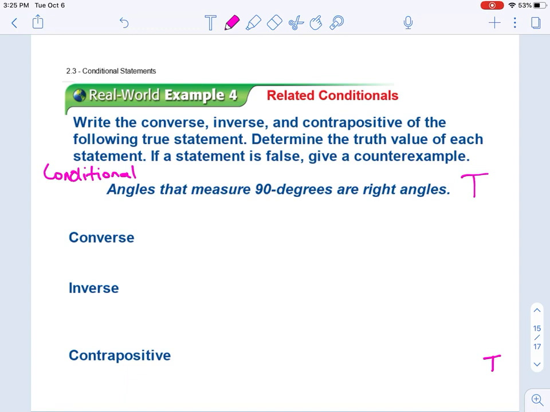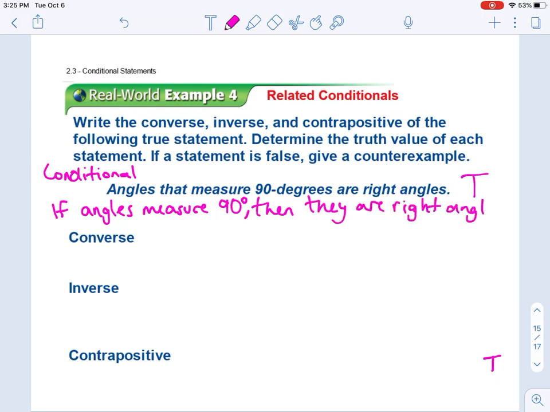And then we'll go from there. So I'm going to say, if angles measure 90 degrees, then they are right angles. Okay?